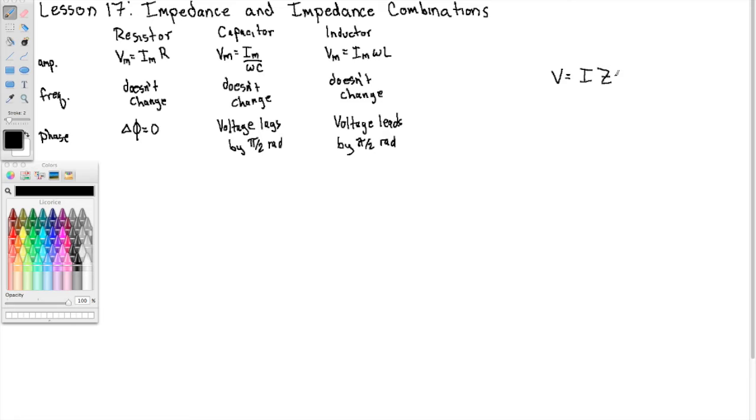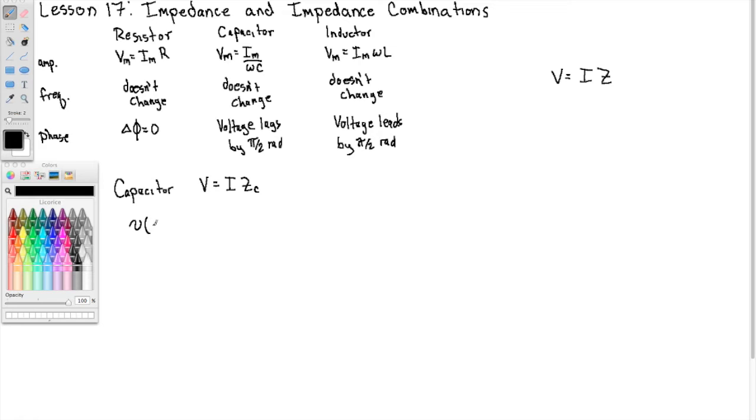We can find a Z for the capacitor. So I can use just Ohm's law, good old Ohm's law. Let's check it out. Capacitor. So we're going to say we want to express our voltage as the current times some number Zc. C stands for capacitor. So now, let's suppose it's more convenient to write in terms of a phasor.